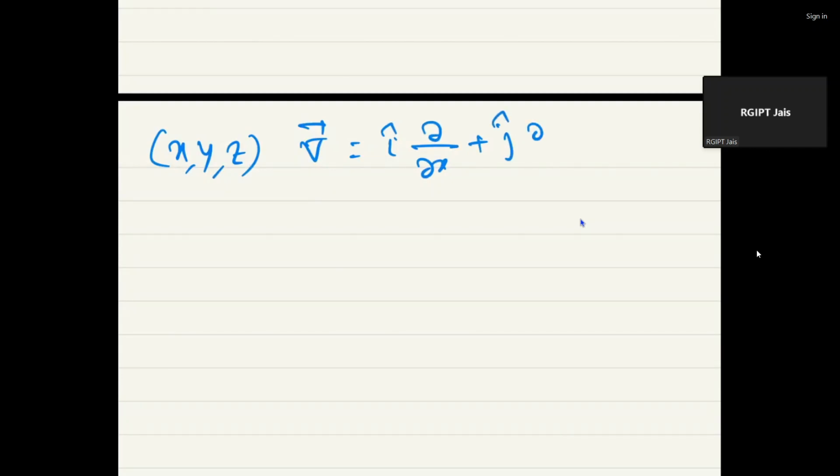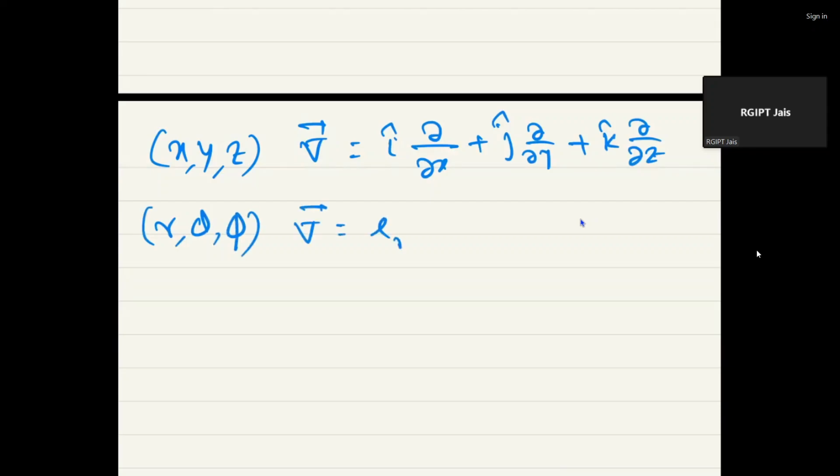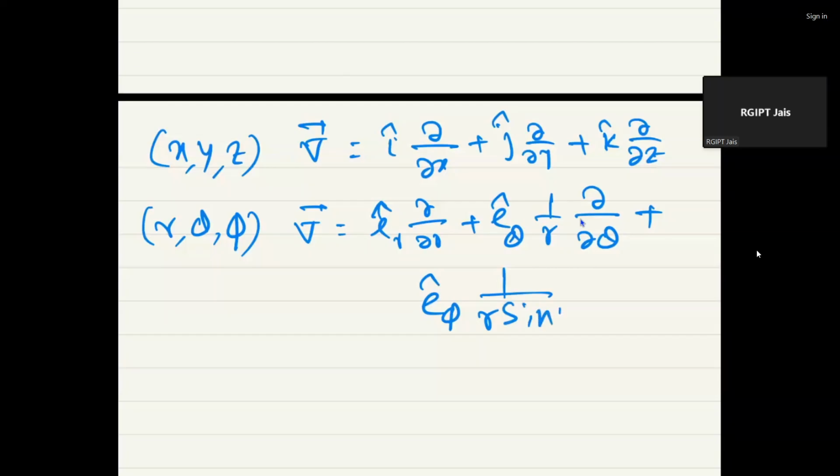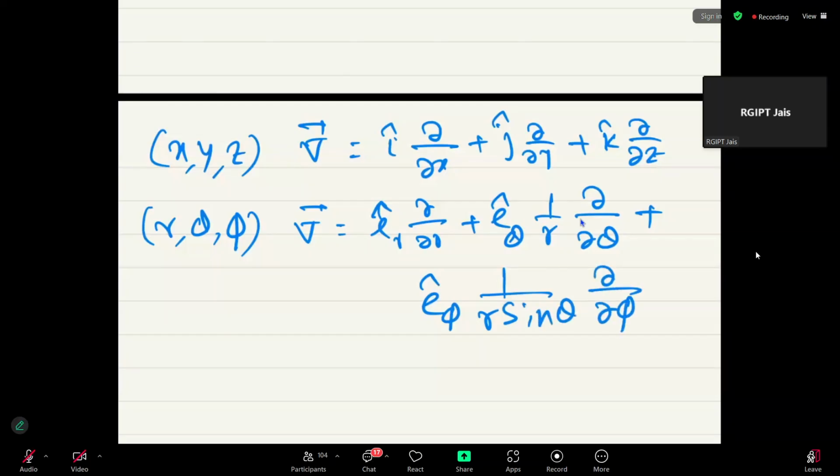Let's start with the gradient or del operator. The del operator in the Cartesian coordinate was i cap del del x plus j cap del del y plus k cap del del z. In the r theta phi coordinate, this del operator will be E r cap del del r plus E theta cap 1 by r del del theta plus E phi cap 1 by r sine theta del del phi.